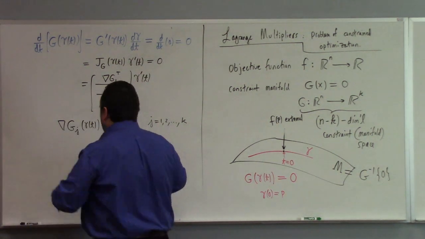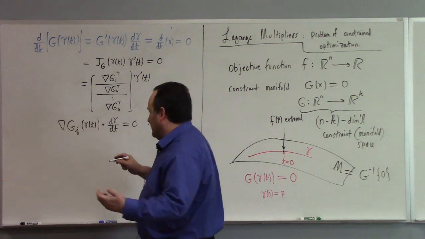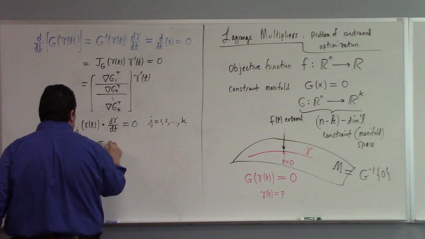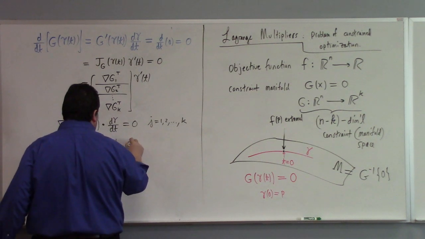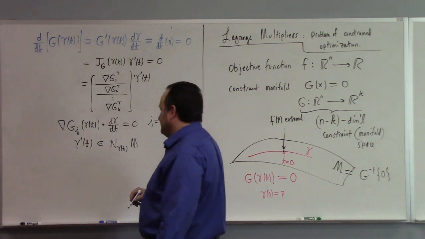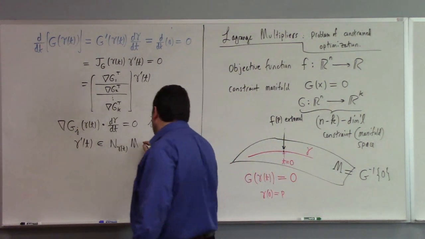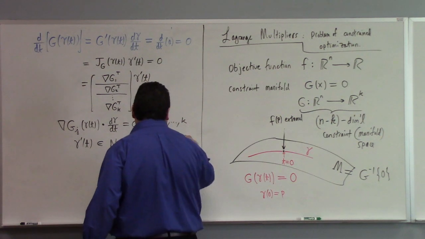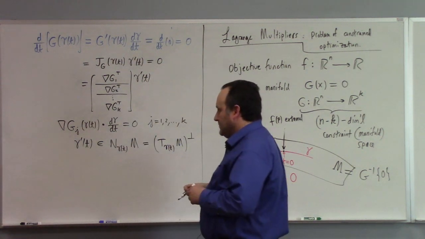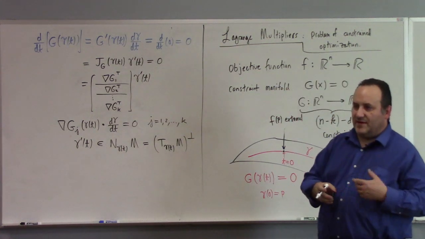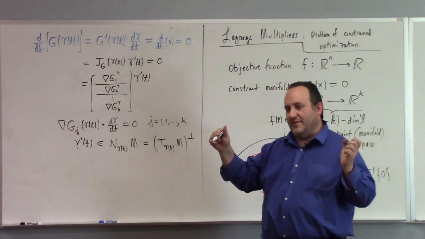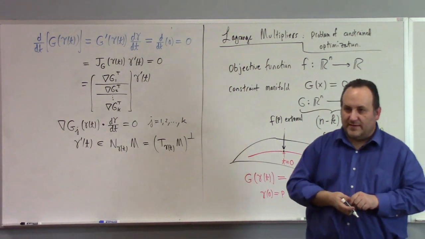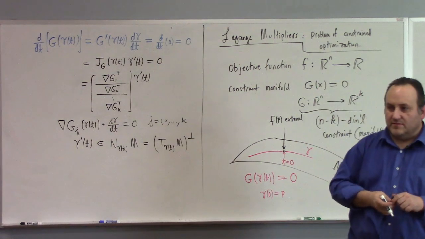So this says that gamma prime of t is an element of the normal space at gamma of t to the surface, because this is, by definition, the tangent space at gamma of t perp. You'll forgive me, I'm being a little bit sloppy. I've dropped the p comma the vector before. Forgive me for violating my attach-the-p notation here to try to get the point across.